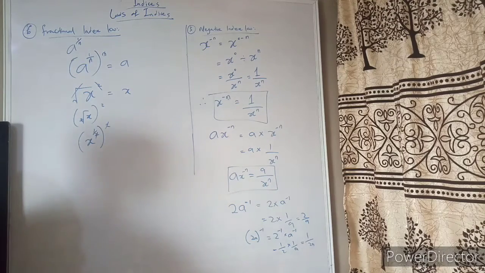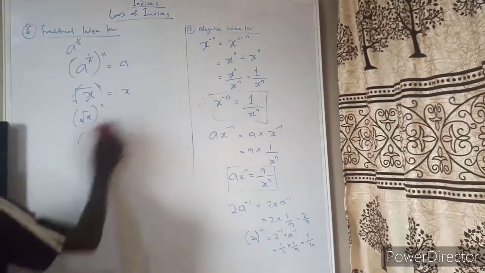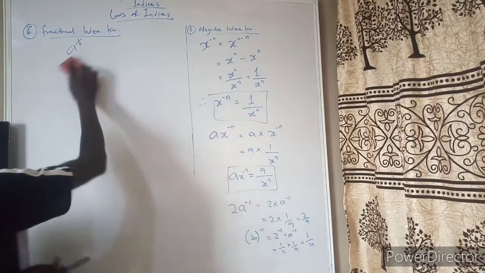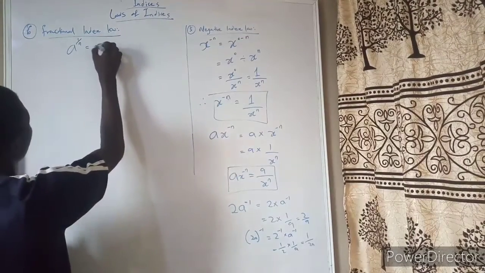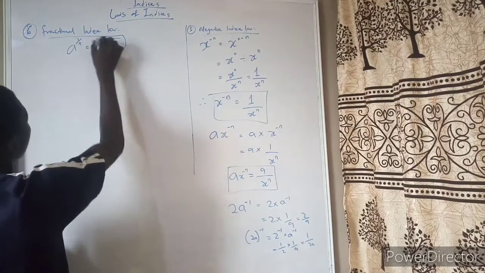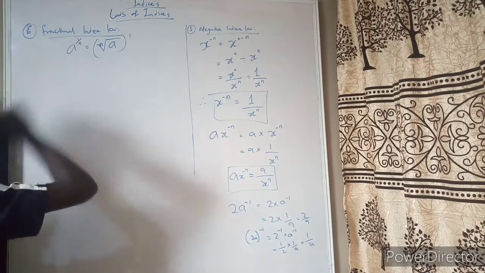So a cube can also cut a cube root. A fourth power can also cut a fourth root. So that's the same thing we are saying here. This thing here is equal to the nth root of a, all raised by 1. That's the point, because this one remains there as 1.